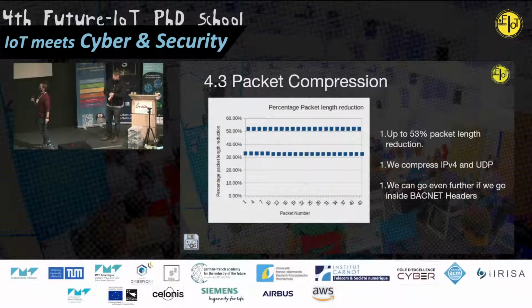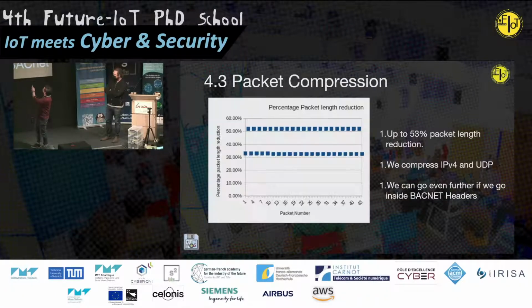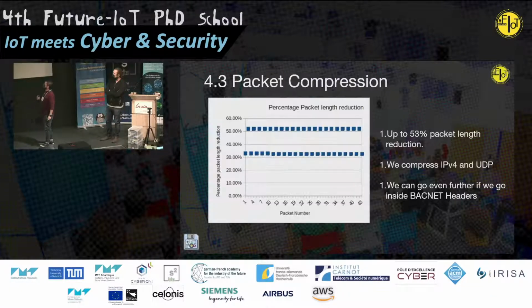So if we see right here, we only have the IPv4, but when we do the compression, we get some results. Obviously, for some packets we have 51%, for some others 30% of compression. So this was really good to send through LoRa.